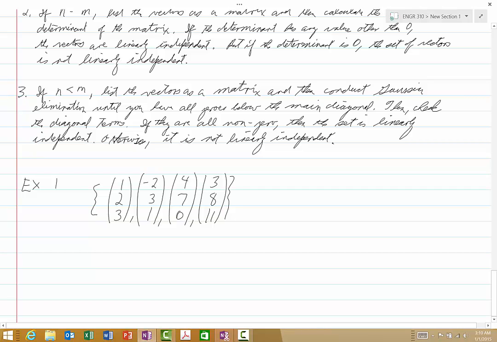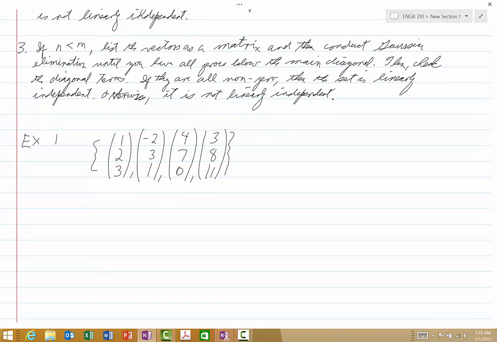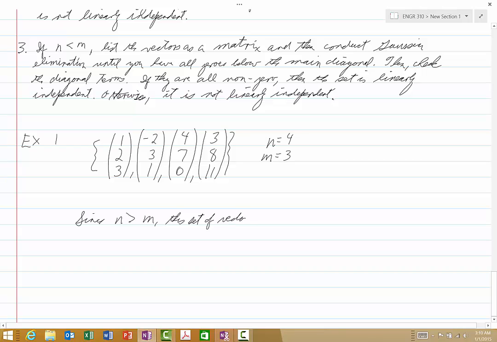Okay. So here, n, the number of vectors, is equal to 4. The number of components is equal to 3. And so since n is greater than m, this set of vectors is not linearly independent. And then it's just that simple for that case.